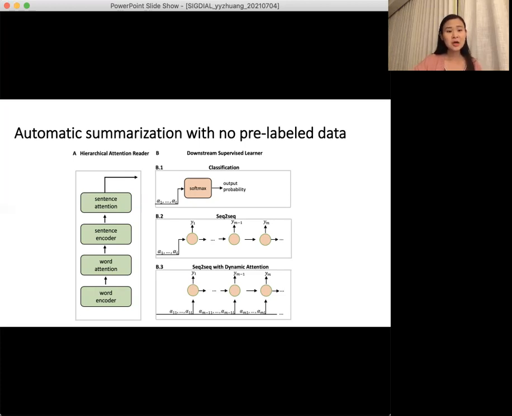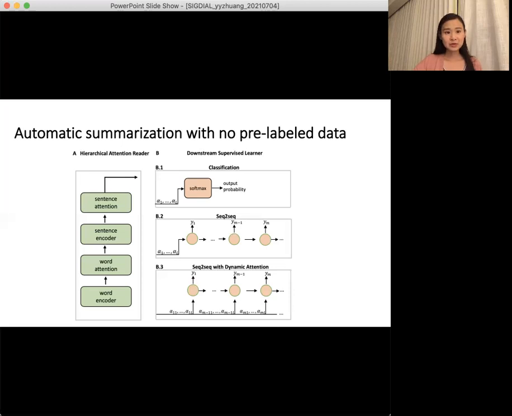For the learning, we explored three different types of prediction tasks suitable for different formats of indirect signals. The first one is a classification task. This works when the indirect signal is a categorical variable.